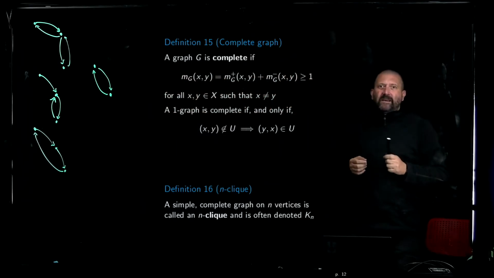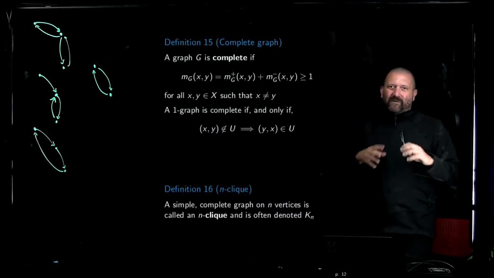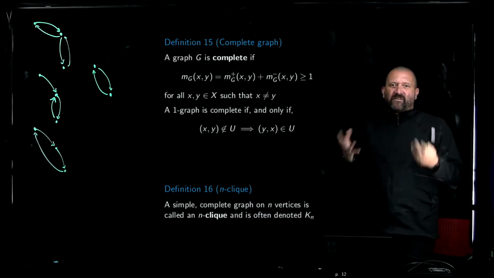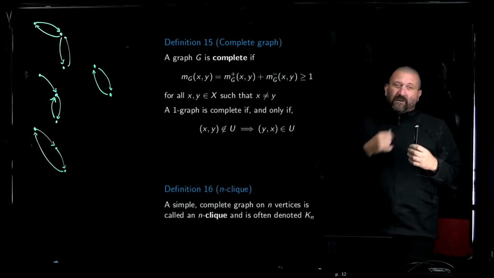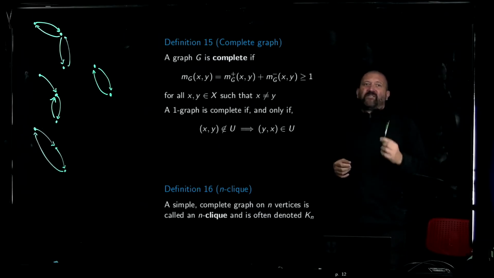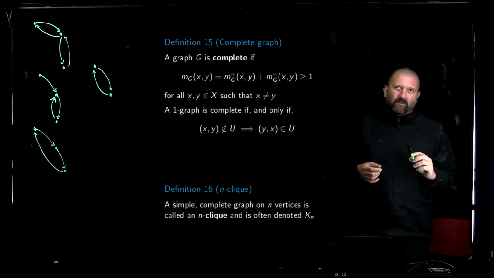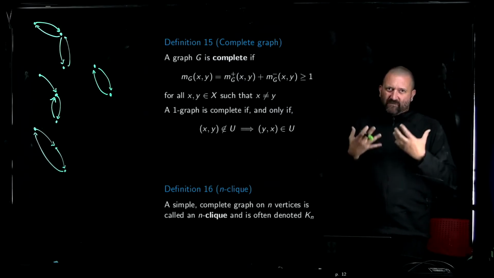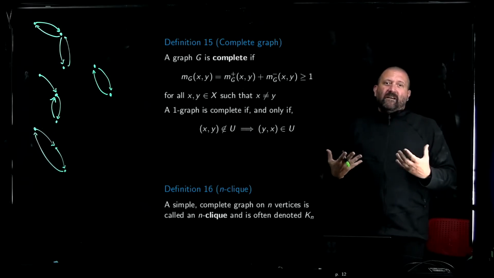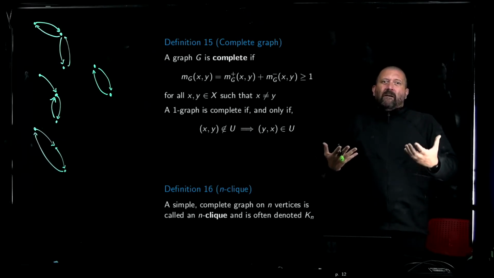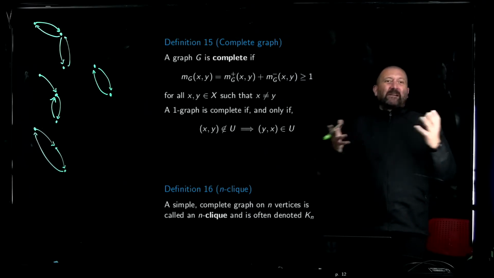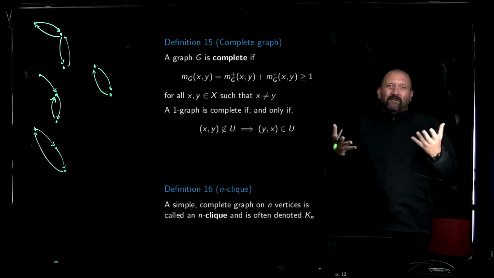A clique. So if I have a simple complete graph on n vertices, this is an n-clique, and it's denoted Kn. You will see this is again something we'll come back to, because completeness is an important property of graphs. A graph that is complete is essentially a graph that has most of its arrows, typically all of its arrows on.